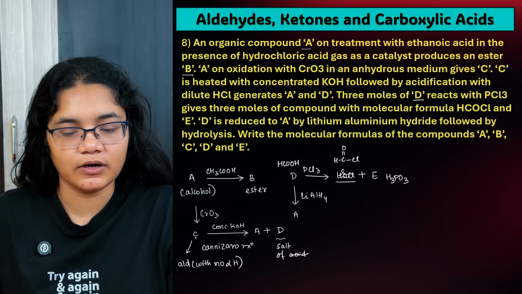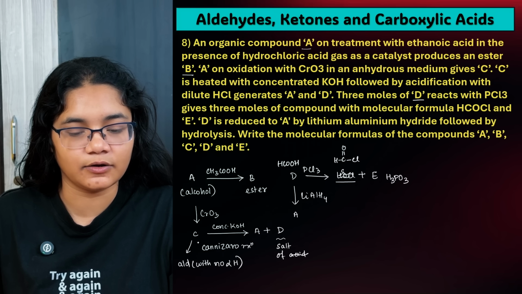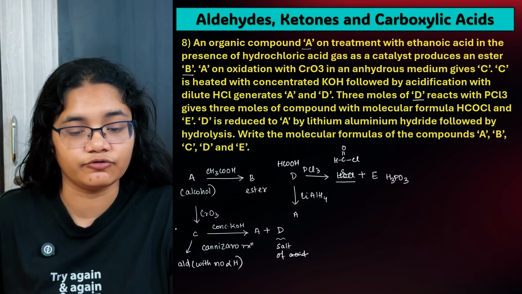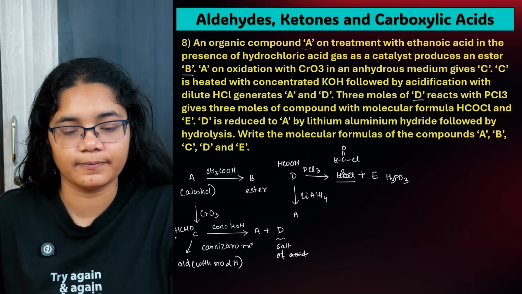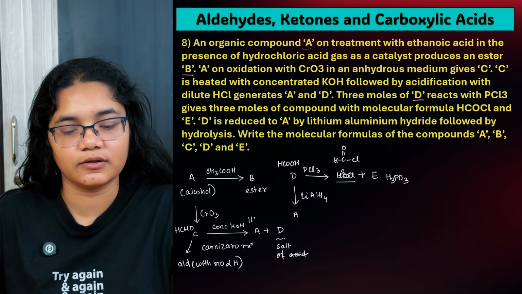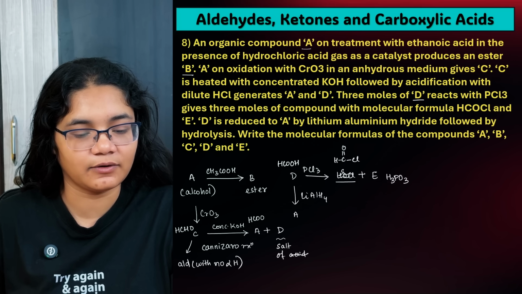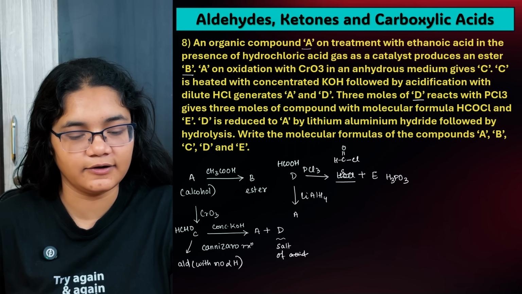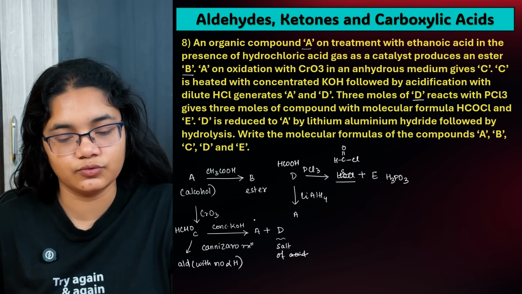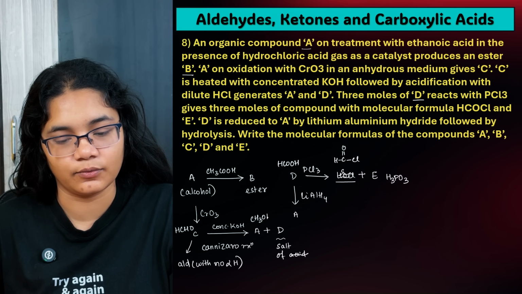Next, C will be what? If this is aldehyde without any alpha hydrogen, so this is HCHO. Okay, if this is HCHO, then this one will be what? This one will be HCOO. Sorry, so D is acid, then this one has to be an alcohol, right? So A will be CH2OH, sorry, CH3OH.